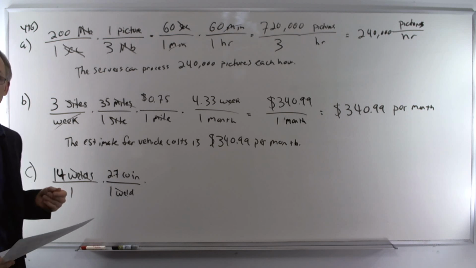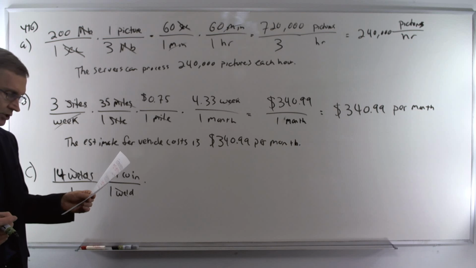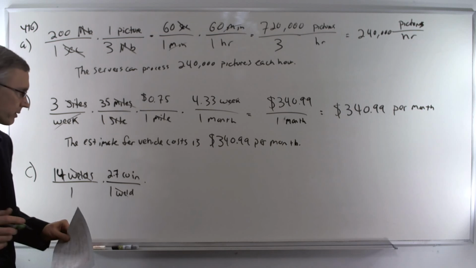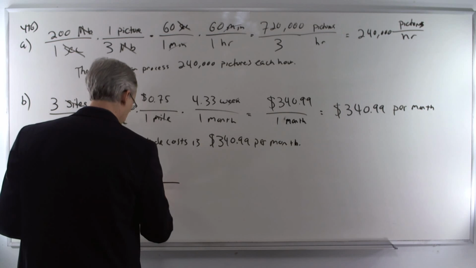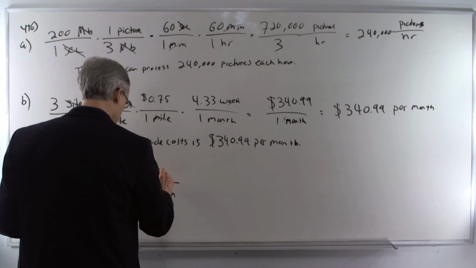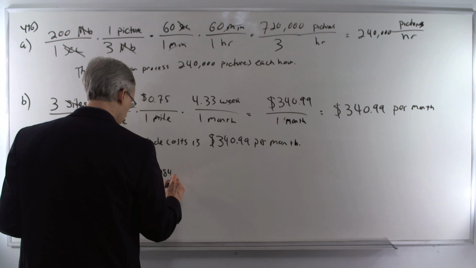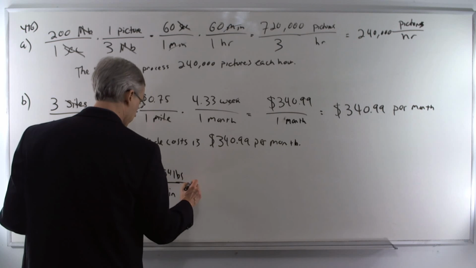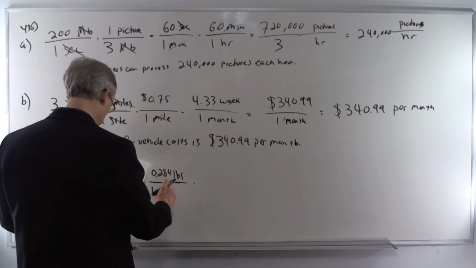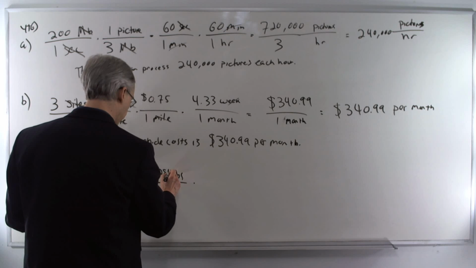We're also given the density. So 1 cubic inch is 0.284 pounds.